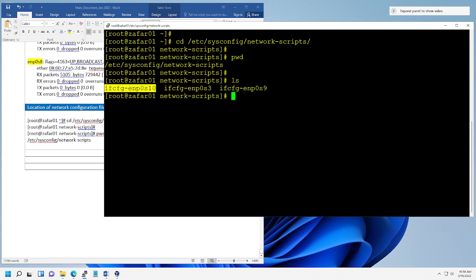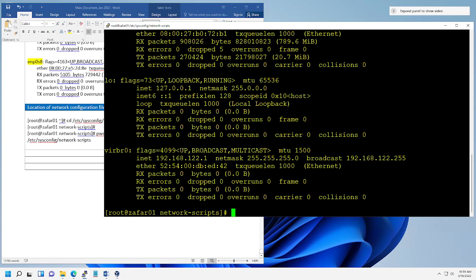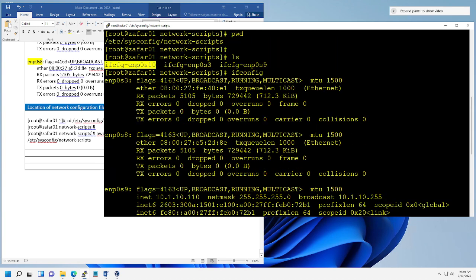S10 is also showing up here, and I'm not sure why. If you do ifconfig, we only have three adapters here: ENP0S3, ENP0S8, and ENP0S9.